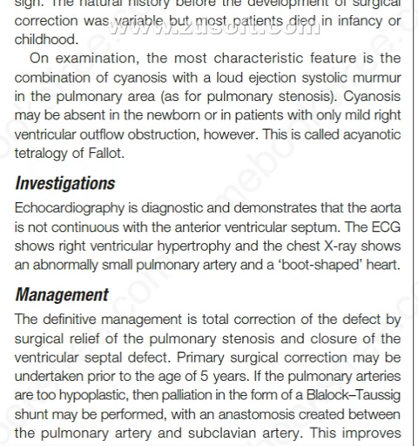On examination, the most characteristic feature is the combination of cyanosis with a loud ejection systolic murmur in the pulmonary area, as for pulmonary stenosis. Cyanosis may be absent in the newborn or in patients with only mild right ventricular outflow obstruction. However, this is called acyanotic tetralogy of Fallot.